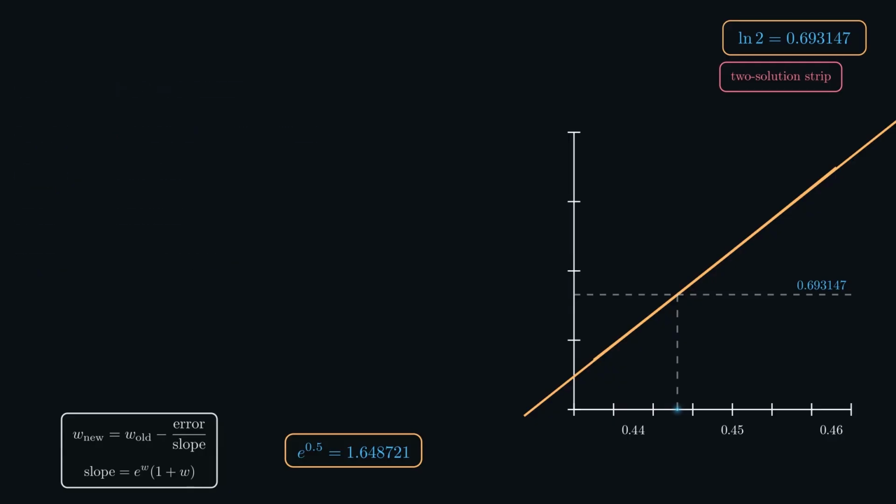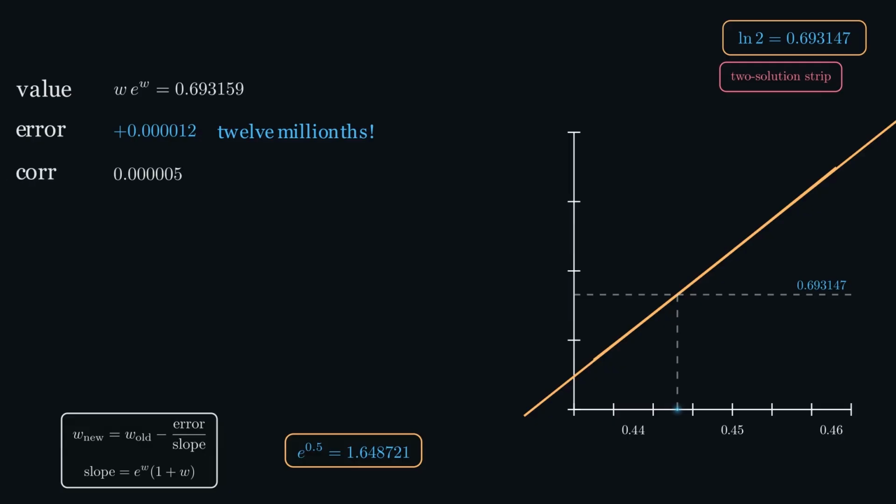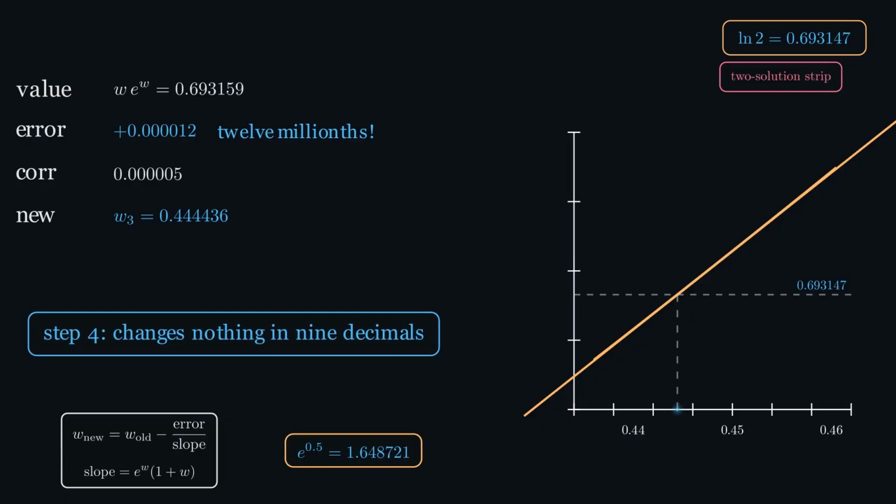Step 3. Value 0.693159. Error plus 0.000012. 12 millionths. Correction 0.000005. New guess 0.444436. And step 4 changes nothing in the first 9 decimals.